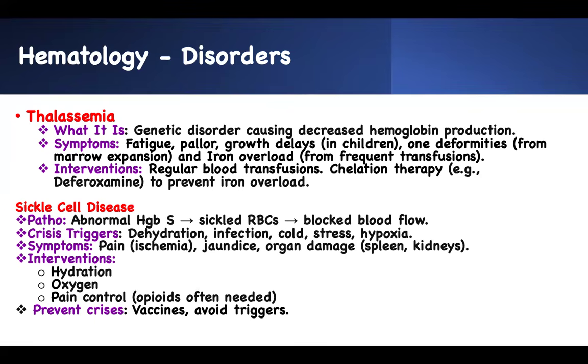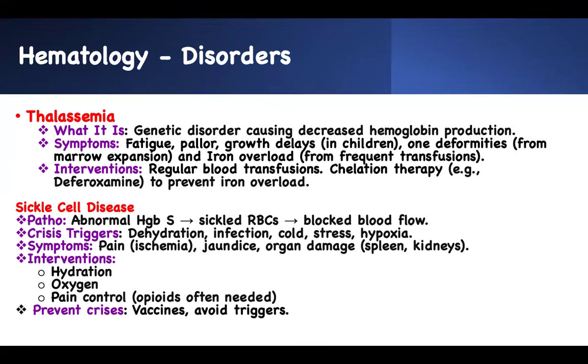The other one that most people know is sickle cell, right? The same thing. Hemoglobin assumes a sickle shape, preventing it from flowing easily in the blood vessels. Therefore, it forms a clump, and that causes ischemia, and they have crisis. When you're dehydrated, when you're stressed, or you have infection, or there's less oxygen, that is when you form more sickle cells.